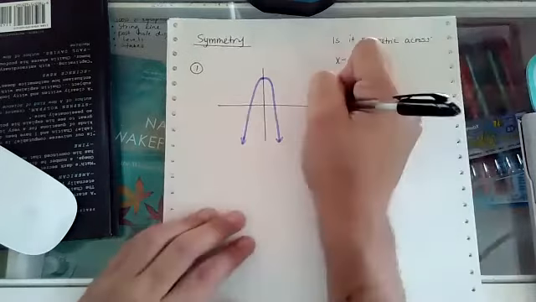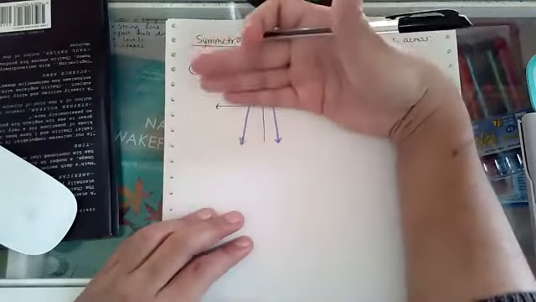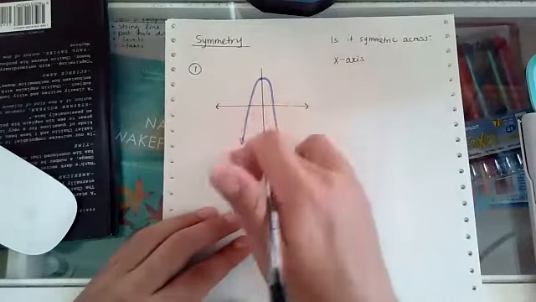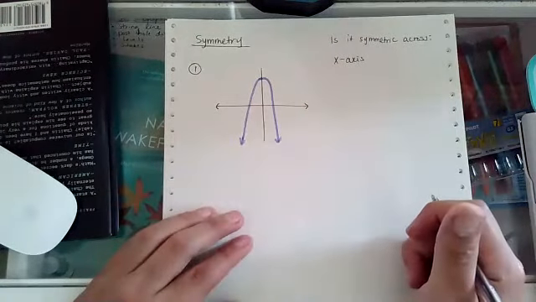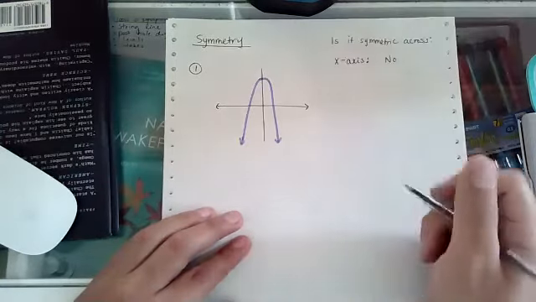Like if I were to fold this graph, this top part, over onto itself, would it fold perfectly onto the bottom part of the graph? No. So this is no.